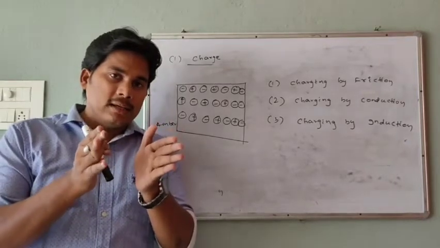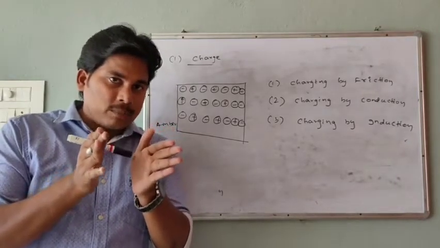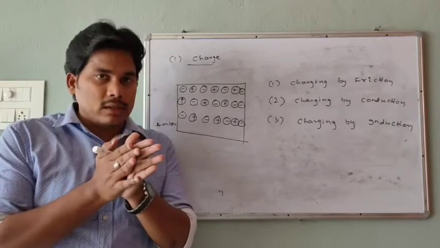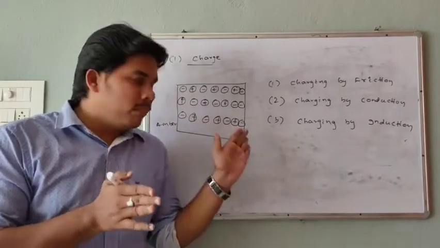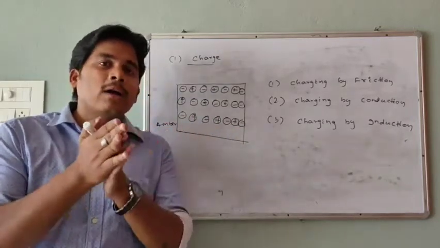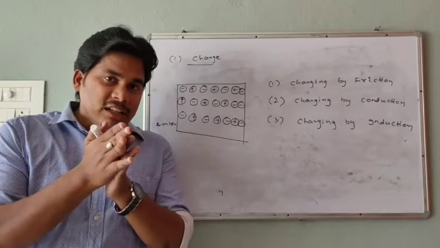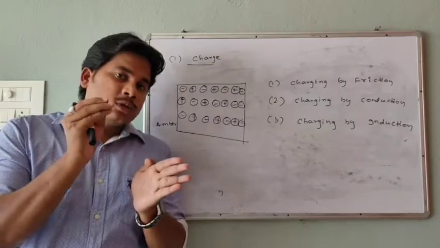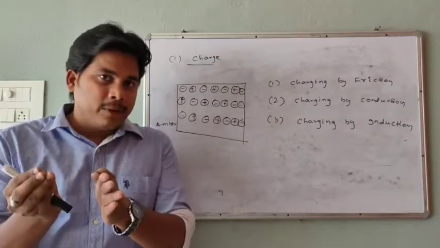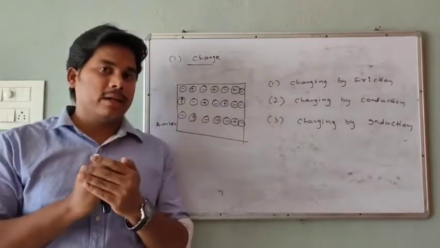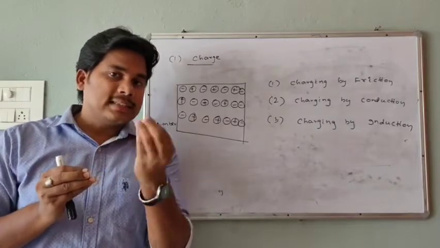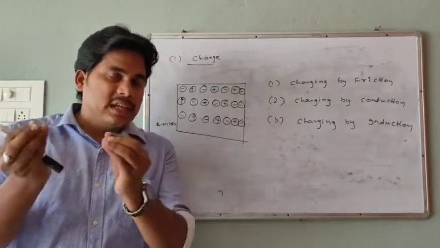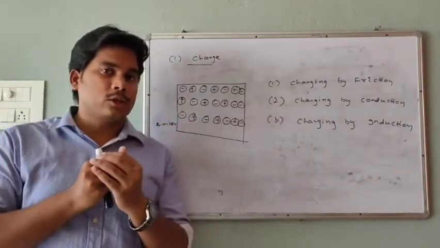In friction, the two bodies or the two surfaces of the bodies are rubbed with each other. In the same way, the amber and the woolen cloth are rubbed with each other. When these two neutral objects are rubbed with each other, the charges will transfer from one body to the other body. Those charges, positive or negative, will transfer from one surface to the other surface.